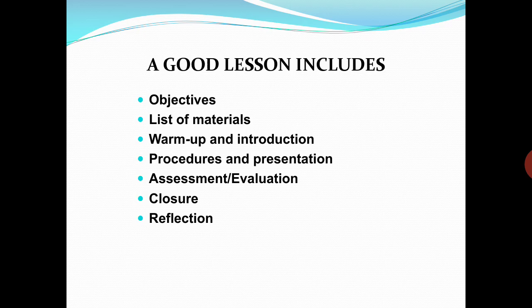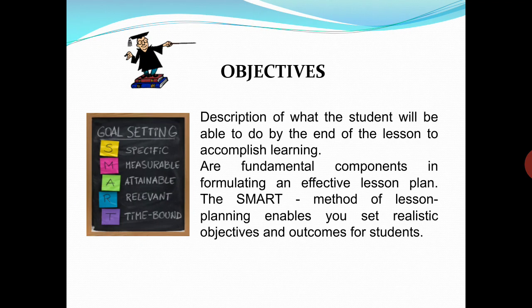A good lesson plan usually includes objectives, list of materials, warm-up and introduction, procedures and presentation, assessment, evaluation, closure, and reflection. What is objective? So objective, this is a description of what the student will be able to do by the end of the lesson to accomplish learning.